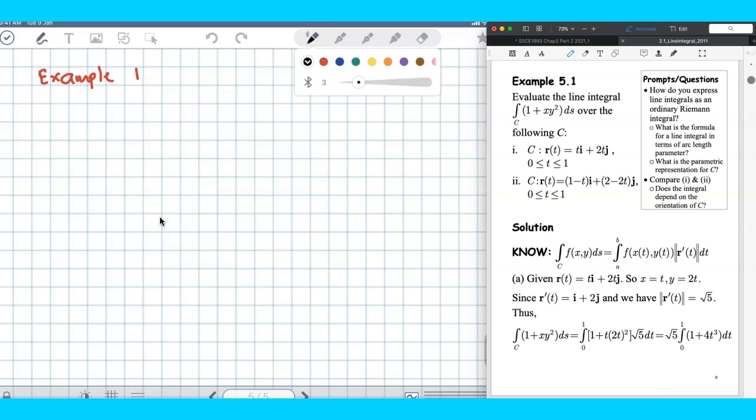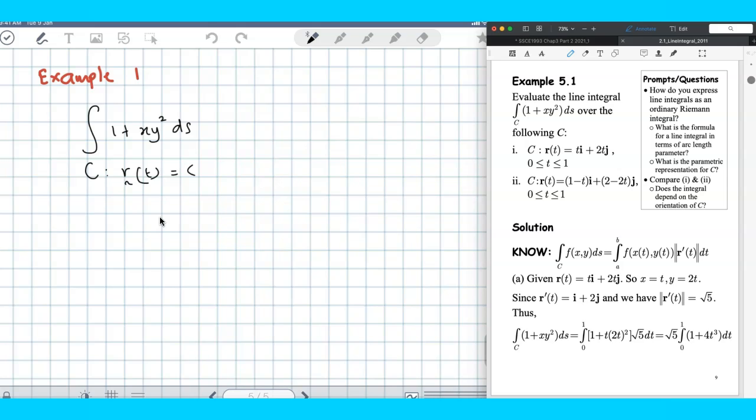The line integral is 1 plus xy squared ds over the curve C. Your curve C is given by the vector function of t and 2t, and your t is between 0 and 1.